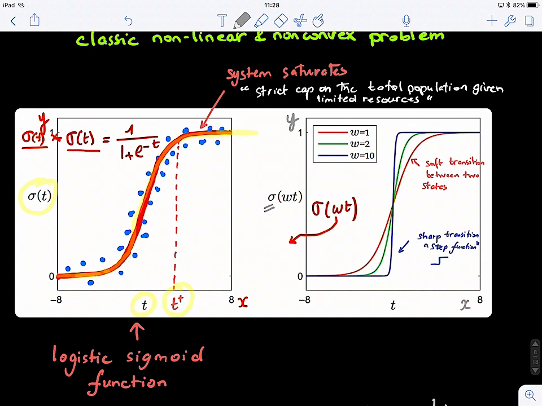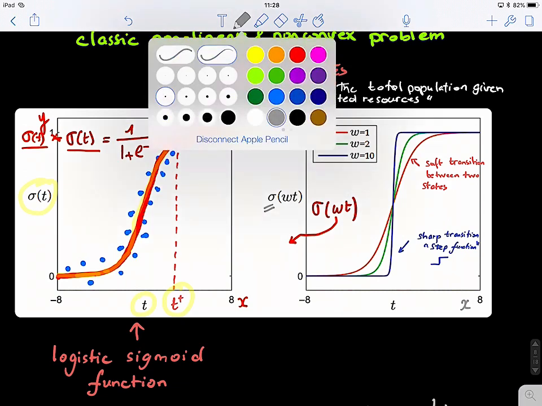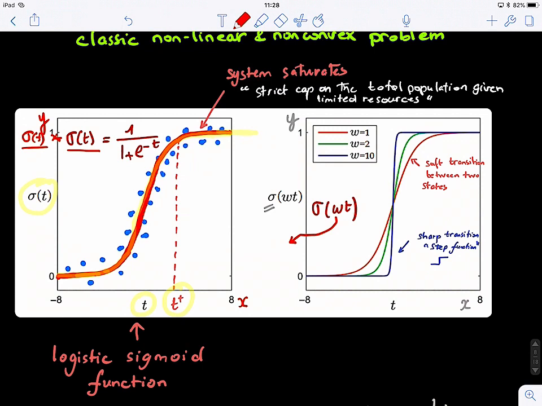Okay, so if W is equal to 1, then we have the red curve, and that's the typical sigmoid curve, the conventional one. So at 0 we have 0, at 1 we have the value 1, and in the middle it's usually 0.5.